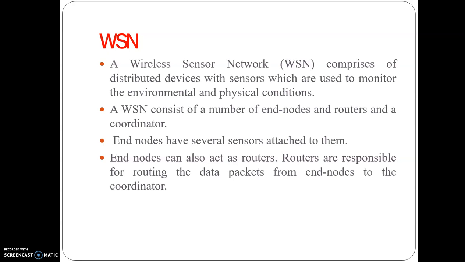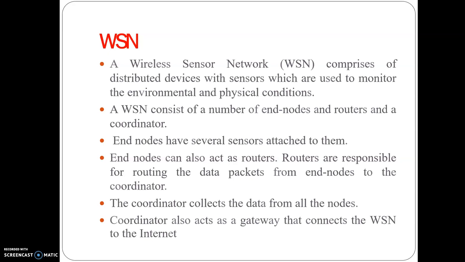Routers are responsible for routing the data packets from end nodes to the coordinators. The coordinator collects the data from the nodes. The coordinator also acts as a gateway that connects the WSN to the internet.